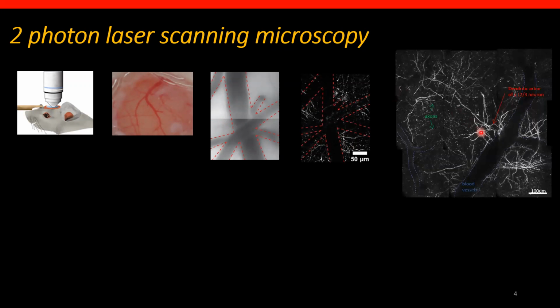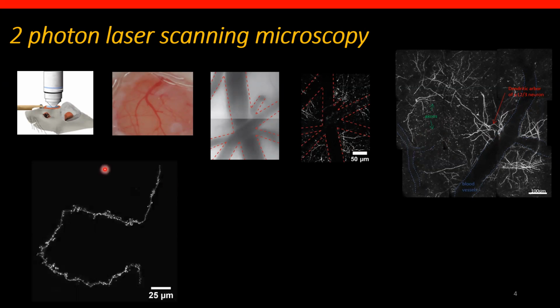Here is an example of what you can see once you turn the microscope on. You can see the green fluorescent protein expressed nicely and sparsely in some of the projections. Here we have a dendritic arc, with these thick projections, and the much thinner ones are the axons.